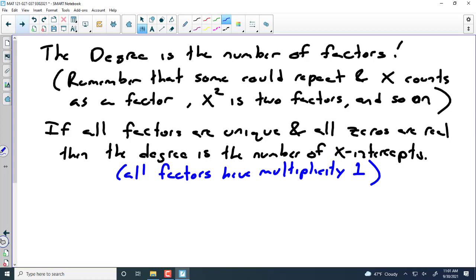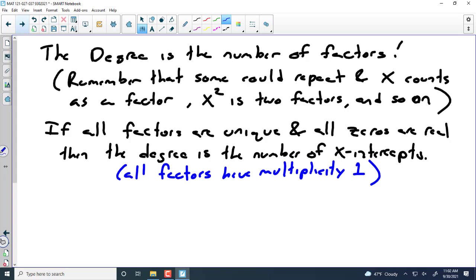But as soon as you start repeating factors by having high multiplicity, and as soon as you start putting in imaginary zeros, which we actually won't see too much of today, then you start losing x-intercepts as compared to your degree. But every now and then, you will have the same number of x-intercepts as your degree, and that's because all of your factors are different, and all of them are real zeros.